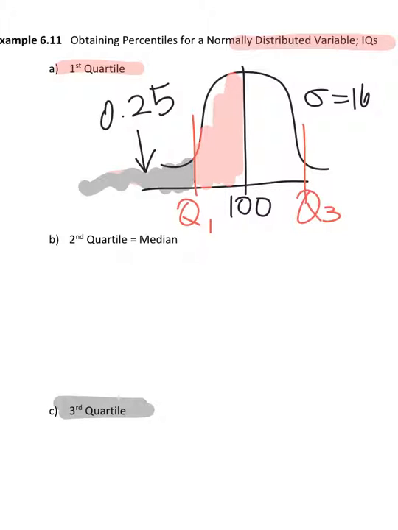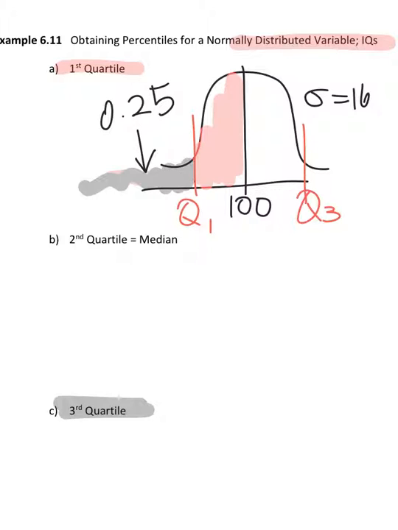Because the normal distribution is symmetrical, exactly symmetrical.